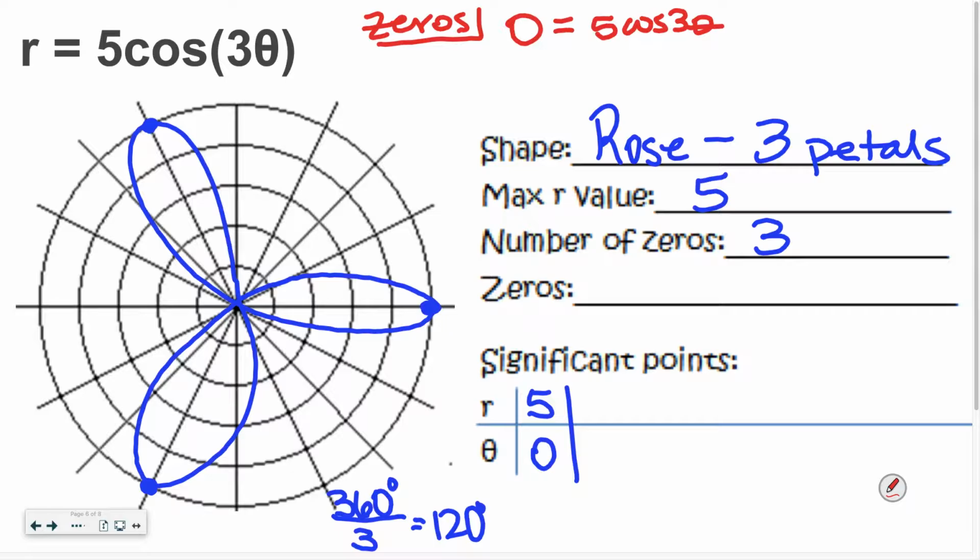We find our zeros by setting our equation equal to 0, just like with rectangular coordinates. When we divide that 5 over, we have 0 equals cosine of 3 theta. Now we know where cosine is 0, but look at our angle. Our angle is 3 theta.